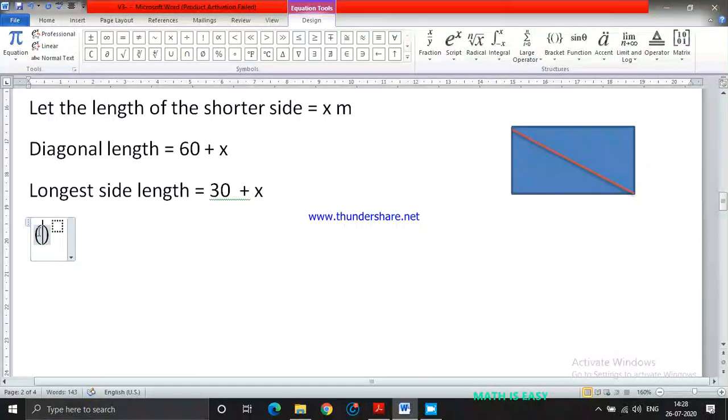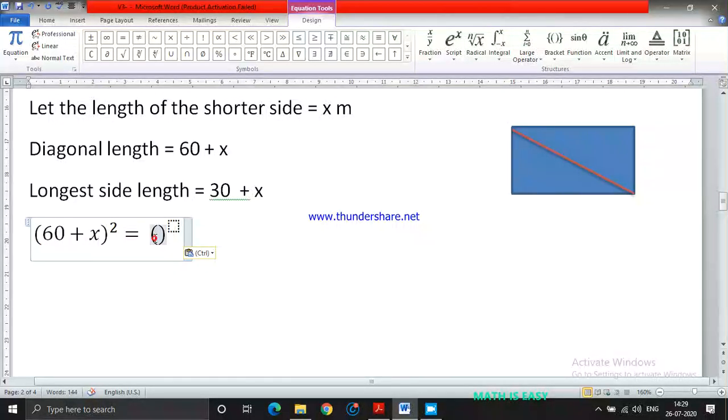Okay. So here, what is the diagonal square you have? Diagonal is 60 plus x whole square, that is, diagonal square is equal to shorter square.